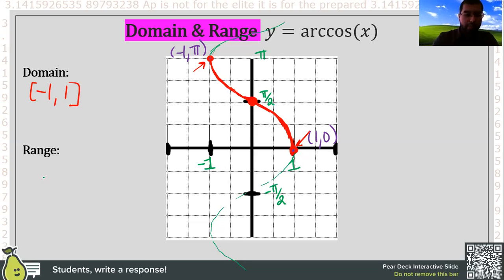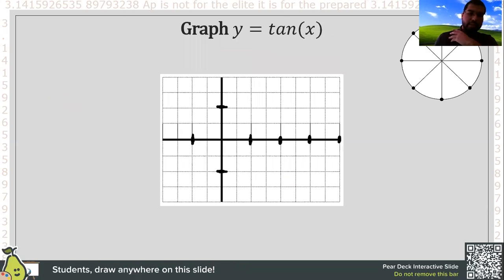So the range we saw is from 0 to the highest I can go, which was pi. Keep in mind, if we go farther than that, then the y values repeat, and that will cause this to not be a function.